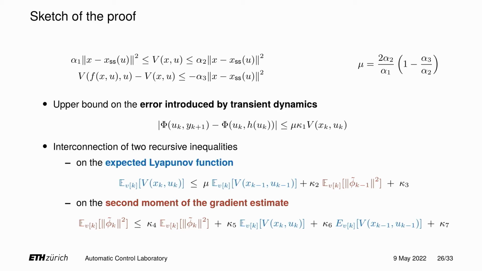Now, if you combine these, and you want to make the interconnection of the two stable, then you get that condition on the different parameters here, which returns what you have seen before.